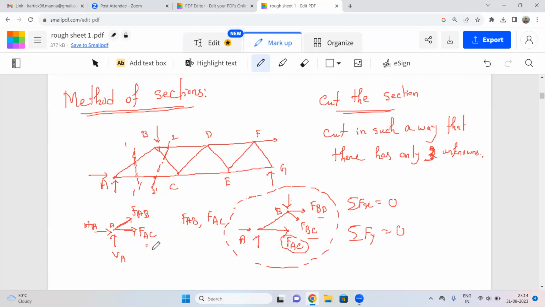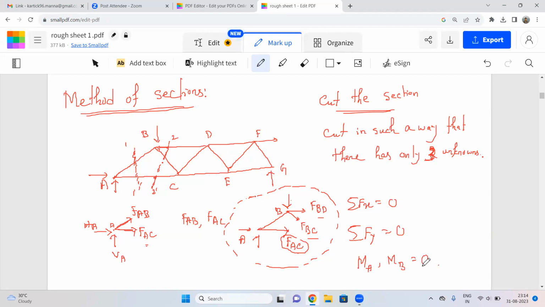Suppose you didn't calculate FAC from here. So here you have total three unknowns, right? So one equation is summation of Fx is equal to 0, another one is summation of Fy is equal to 0, and another one will be moment at any joint, at A or at B, that is equal to 0.